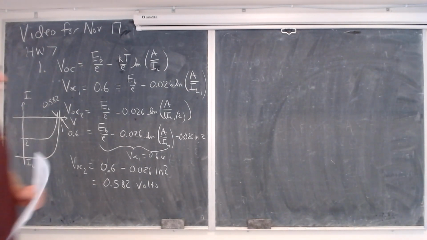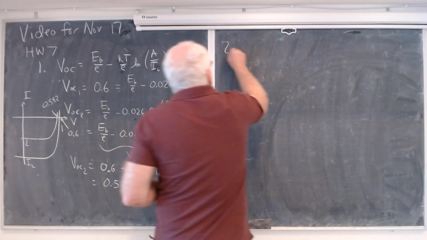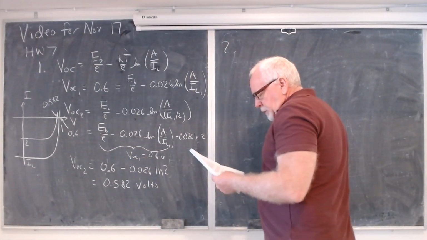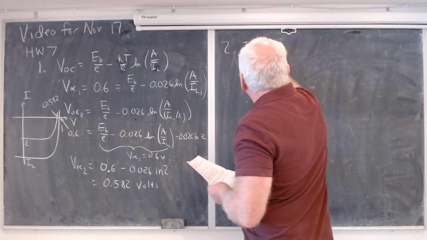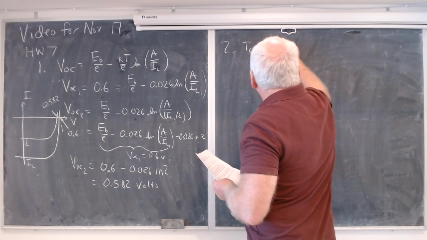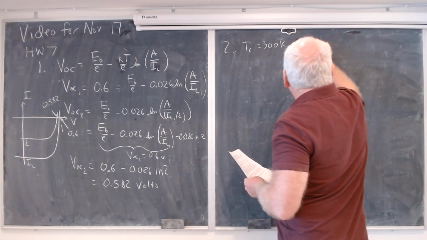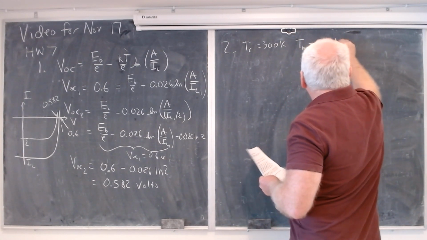Then problem 2, you were to do this little engine. T cold is 300 Kelvin and T hot is 450 Kelvin.